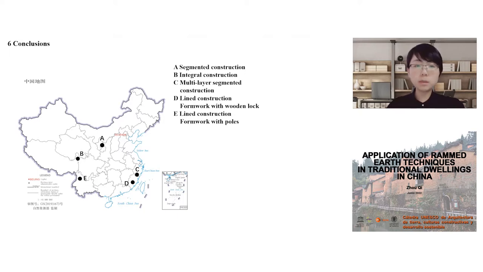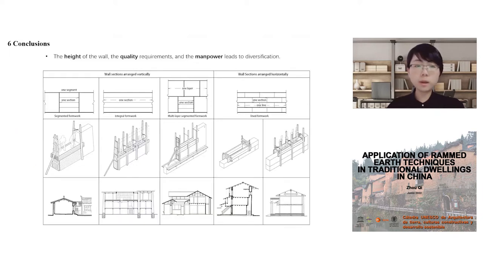Based on the cases I have studied so far, the height of the wall, the quality requirements, and the manpower diversify the ramming techniques. The rafter method is a more simplified way. Formwork is made of rod-shaped material, which is easier to obtain and process than planks. It's more suitable for city and courtyard walls.